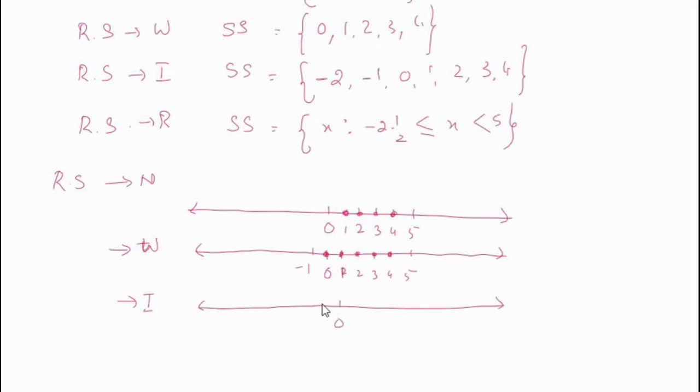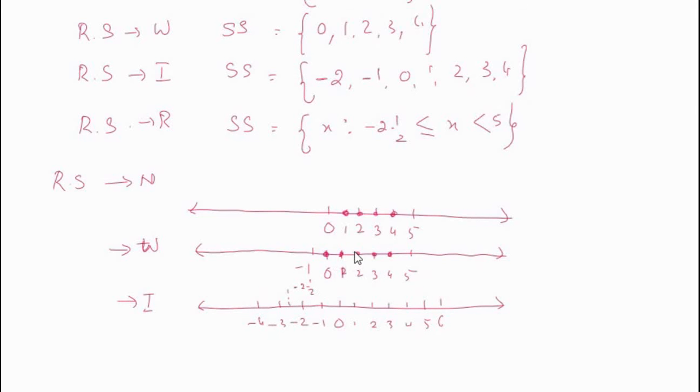This is 0, minus 1, minus 2, minus 3, minus 4, and 1, 2, 3, 4, 5, let's draw 6. x is greater than or equal to minus 2.5. It is equal to minus 2.5 also. But let us first represent minus 2.5 here. This is minus 2.5.